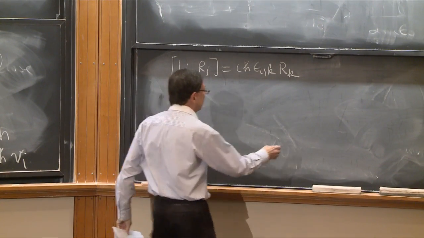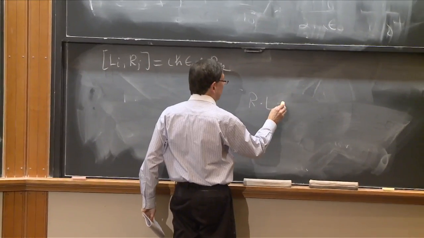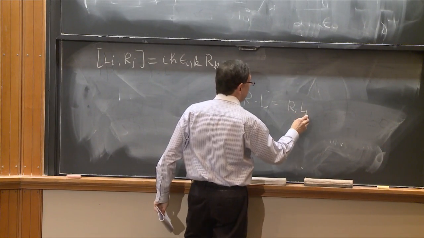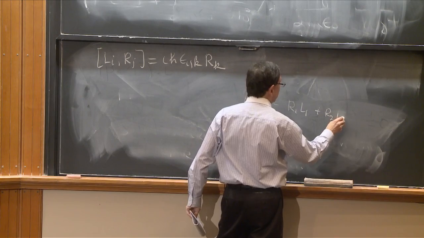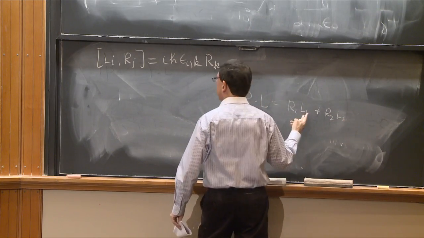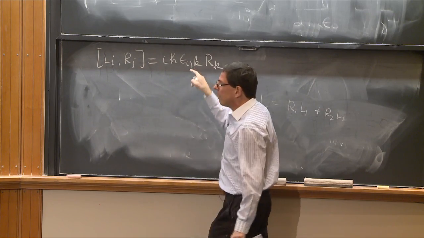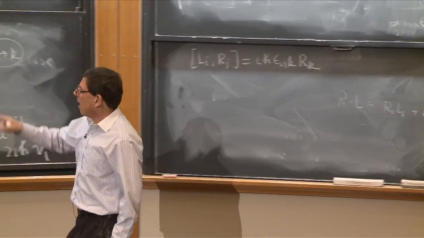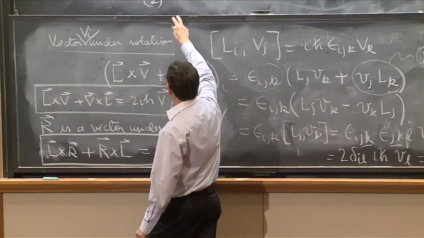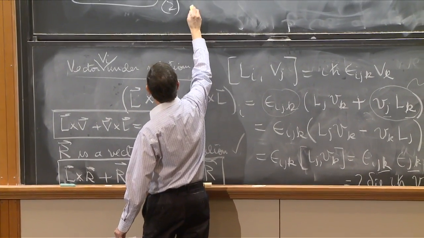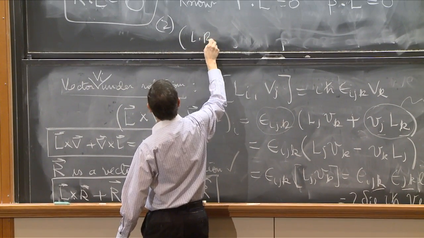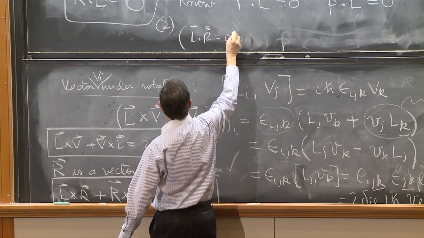So when you have R dot L, you have R1 L1 plus R2 L2 plus R3 L3. And each of these two commute when the two indices are the same because of the epsilon. So R dot L is 0, and now you also appreciate that L dot R is also 0 too.